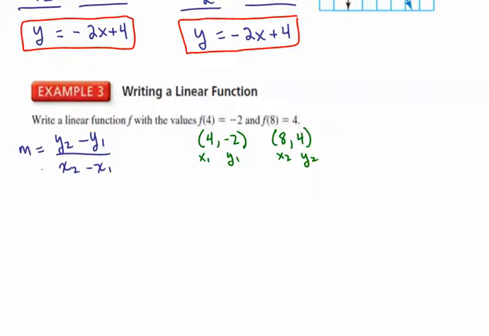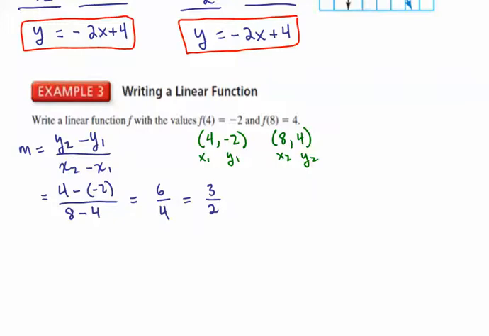And I can plug in my values here. y2 is 4 minus y1 is negative 2, over x2 is 8 minus x1 is 4, and so I will get 4 minus negative 2 is 6, over 8 minus 4 is 4, and that simplifies down to 3 over 2. So that's my slope. At this point, I've already demonstrated that it doesn't matter which point we use with that slope, we're going to get the same slope-intercept form when we simplify it down.